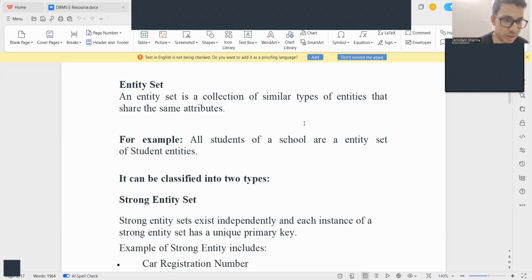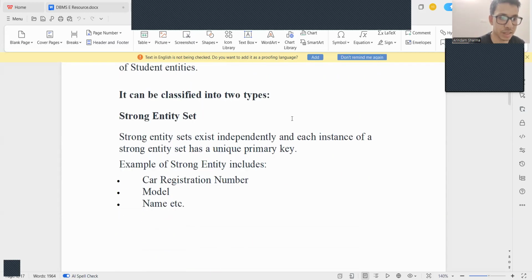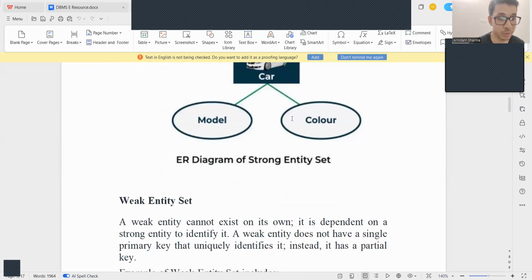Let's see an example. All the students of a school are the entity set of student entities. It can be further classified into two types: strong entity set and weak entity set.